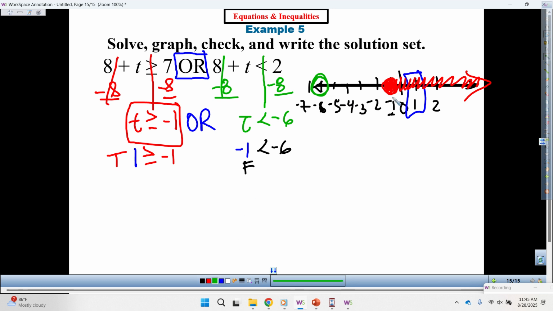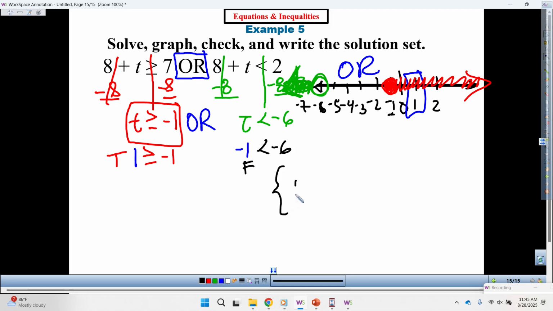No, that's false. So instead of going towards negative 1, we go the opposite direction. Allison predicted that they did not intersect. Empty space here, so this is an "or".